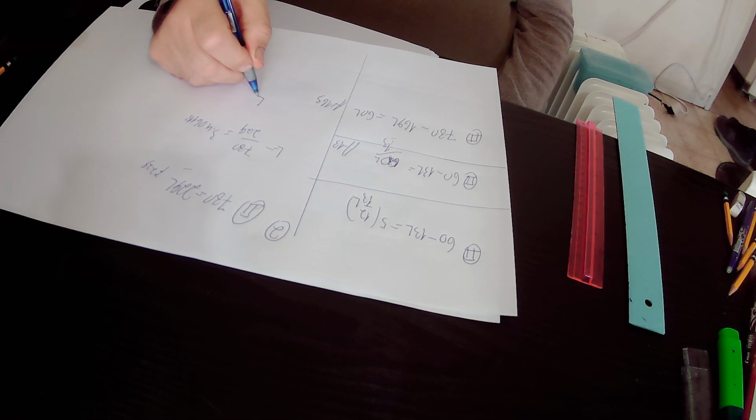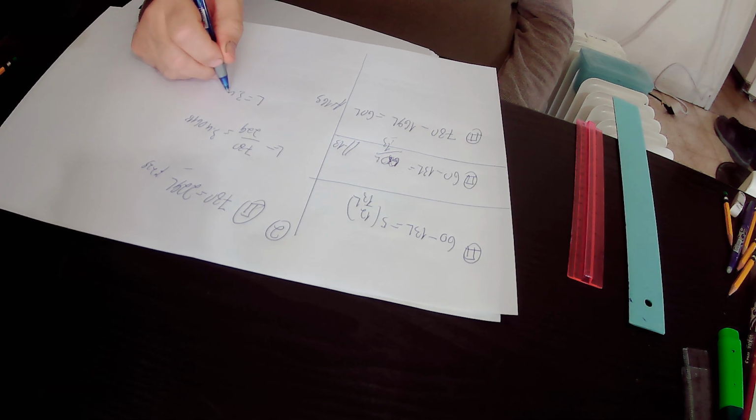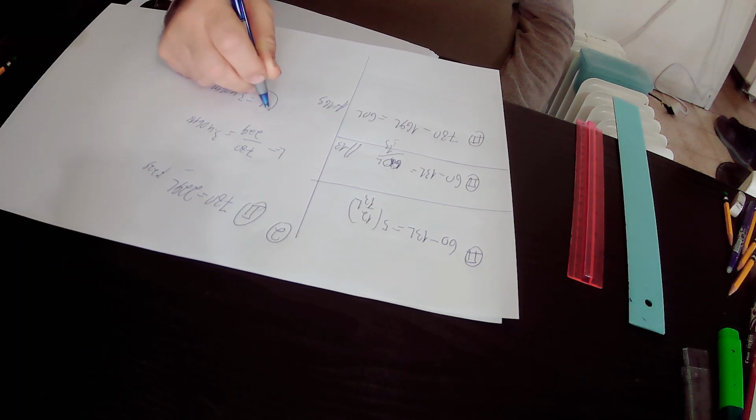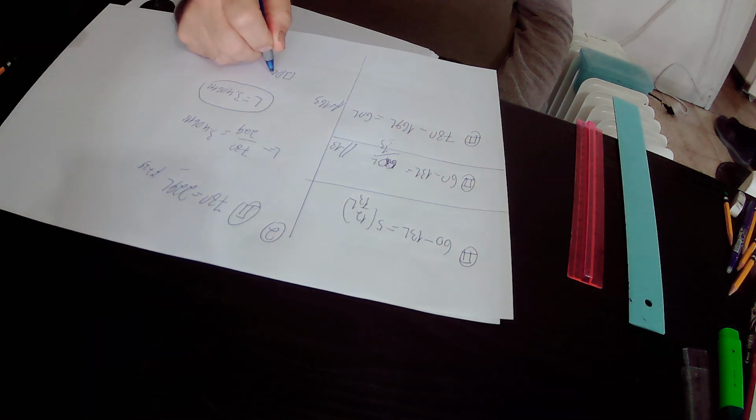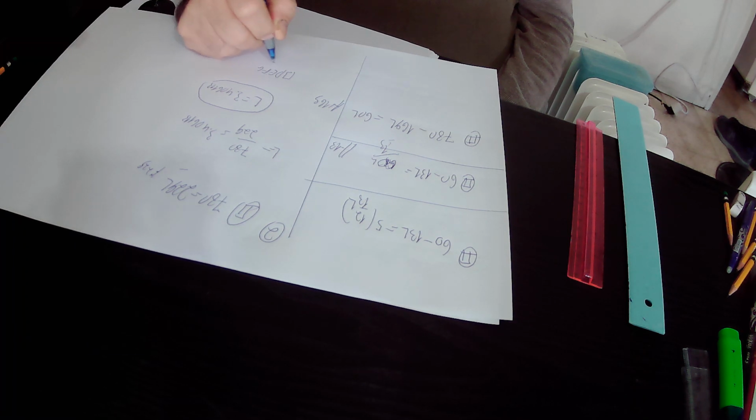So we found out that L, the length of one side of square DEFG, is equal to 3.406113 units, and the area that we're looking for is the area of square DEFG.